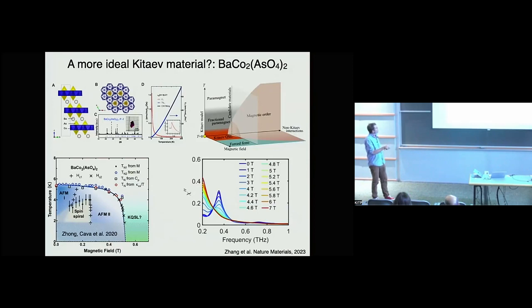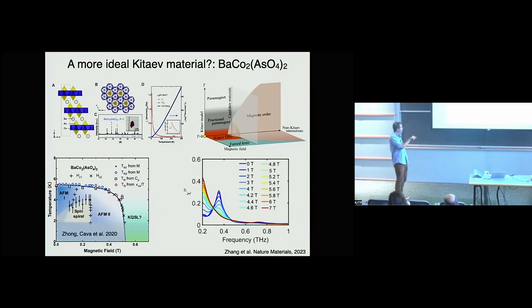Barium cobalt arsenic is a hexagonal magnet made of cobalt edge-sharing octahedra, laid out in the 2D plane as such, and it was pointed out by Rudong that when you cool this thing down, there are various kinds of magnetic ordered states, but with very, very small magnetic fields you can basically suppress that and go into some particular region here.